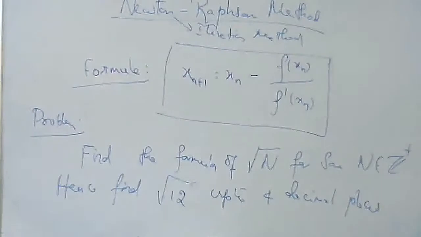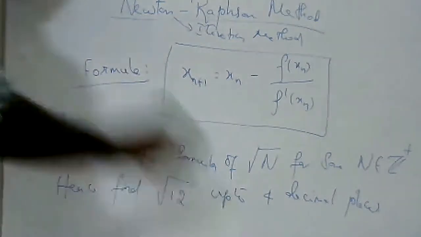Now the question is you have to find the general formula for root n. Given any n, we should be able to find the value. Then find the value of root 12 by applying 12 for n. They asked us to find it using the Newton-Raphson method.